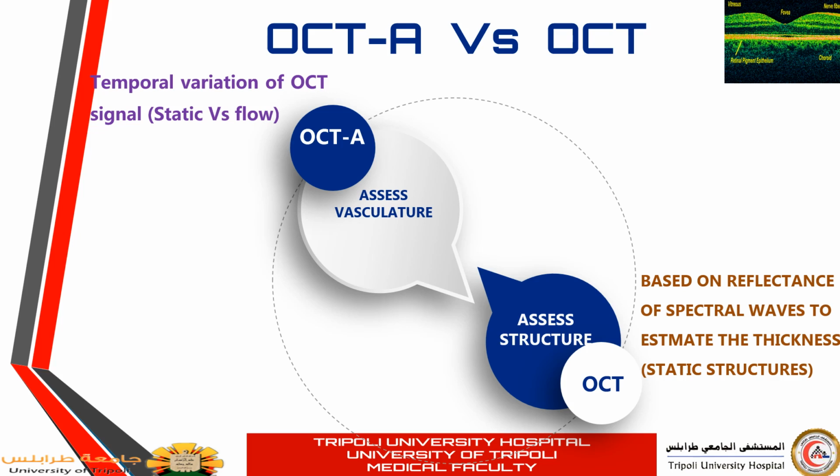However, the standard structural OCT is based on the reflectance of the spectral waves to estimate the thickness, so it mainly concentrates on the static structures of the eye. So OCT angio is an extension and new innovation of the standard OCT.